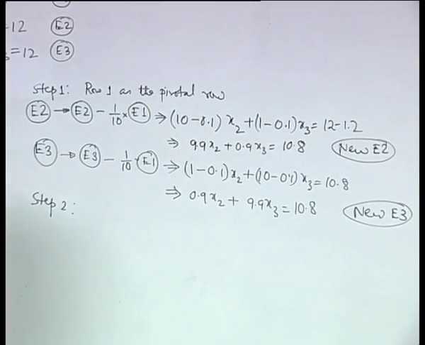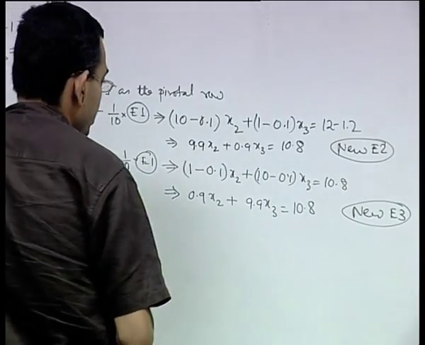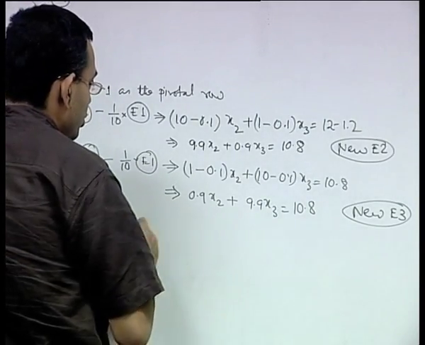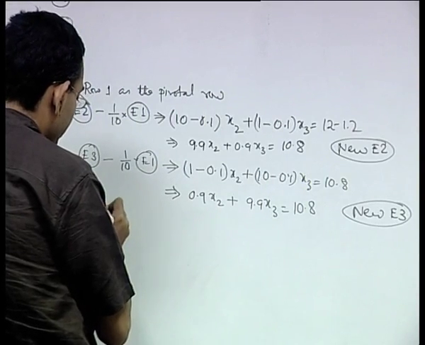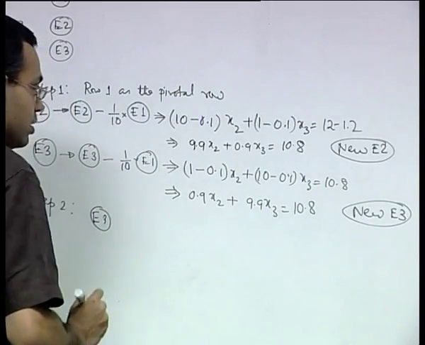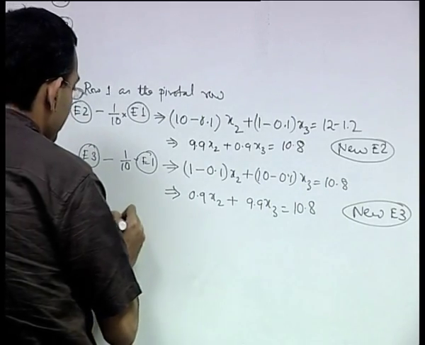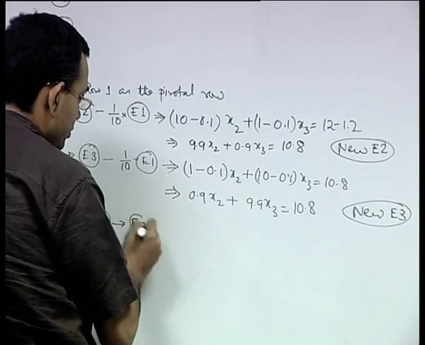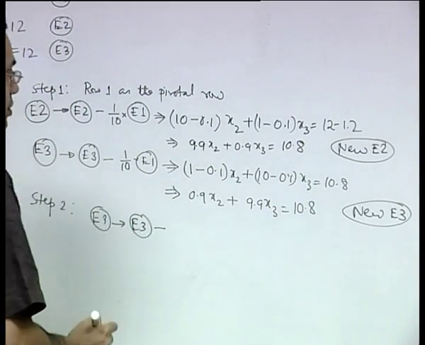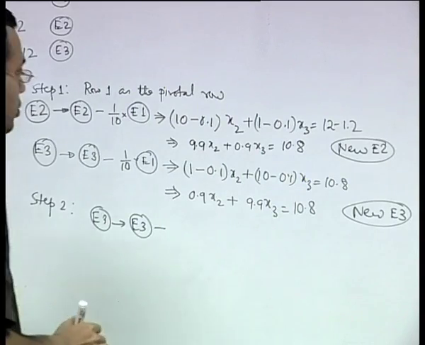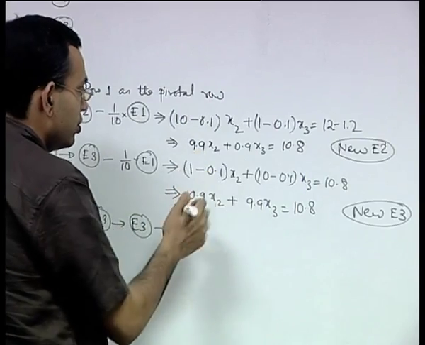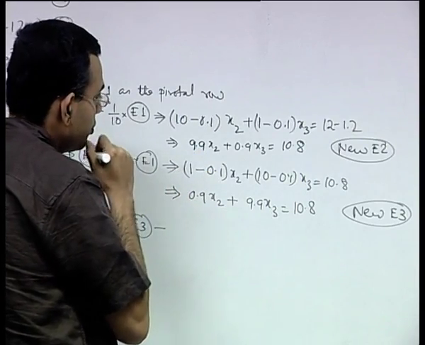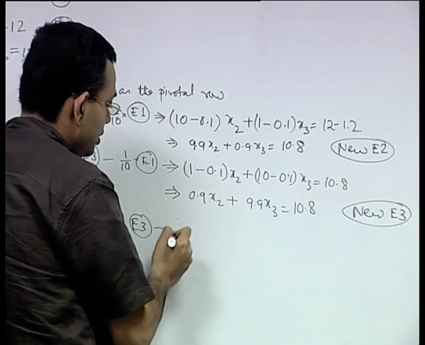So, in step 2, what will be equation 3? Equation 3 will be equation 3 minus, so this has to be made 0.